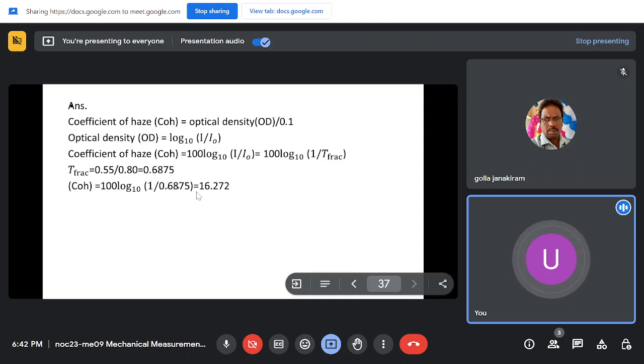Optical density is log 10 I by I naught, the intensity of light transmitted, which can also be written as 1 by T frac, the fractional transmittance. T frac is 55 by 80, or 0.55 by 0.8, which gives 0.6875. So we substitute that in T frac, and we calculate coefficient of haze as 16.272.